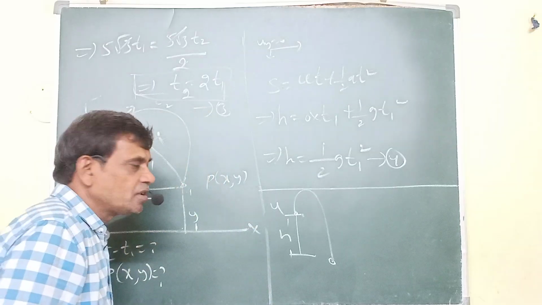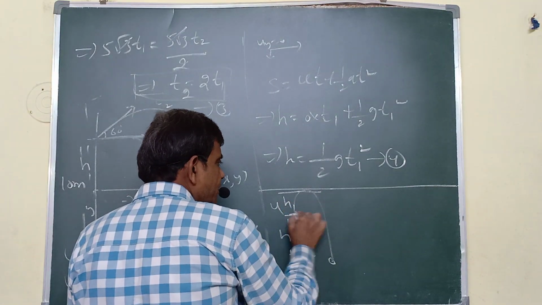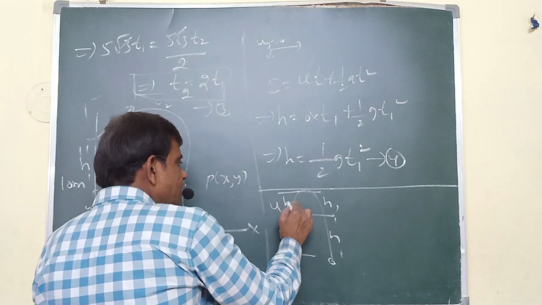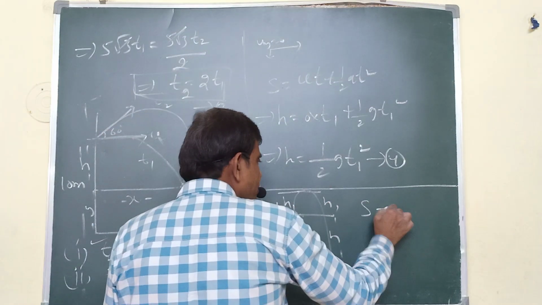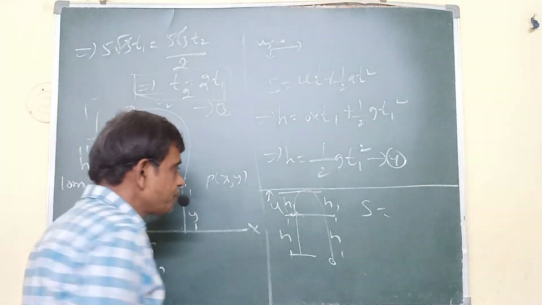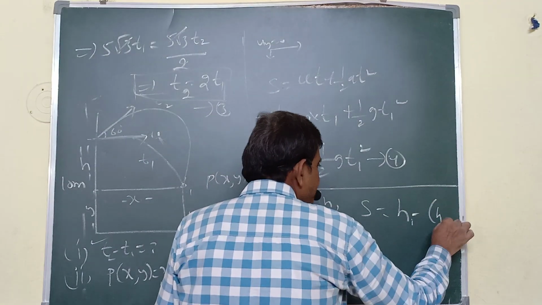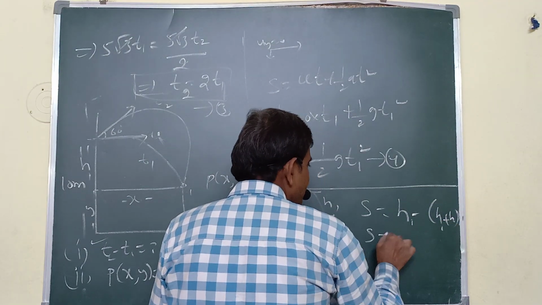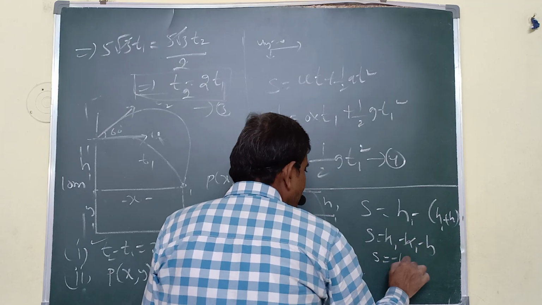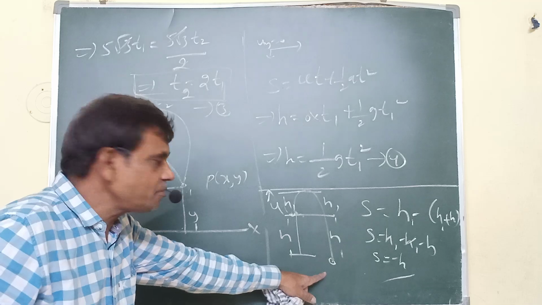This is h. Moving upward from here is h1, so again this is also h1. Now what is the total displacement from here to here? Moving upward is taken positive, so coming downward is negative. So h1 minus the total, h1 plus h, so h1 minus h. Now what is the displacement of this body when it reaches the ground from the top of the tower?